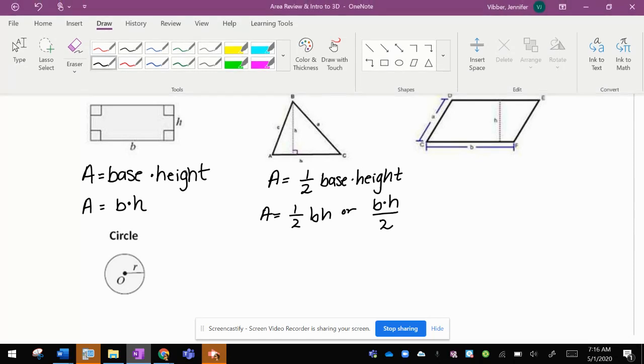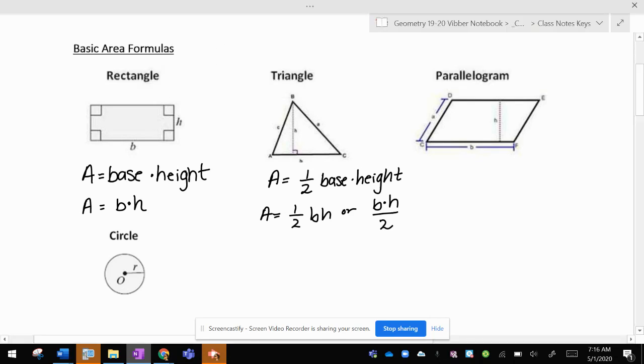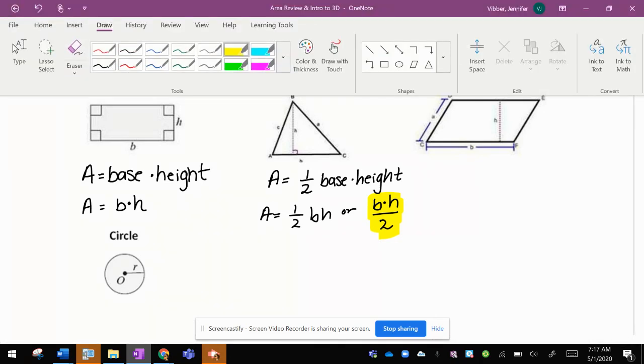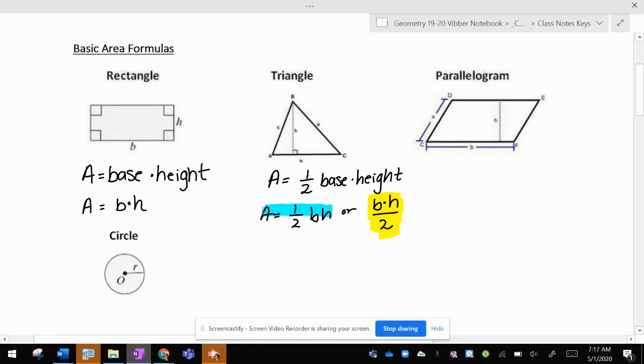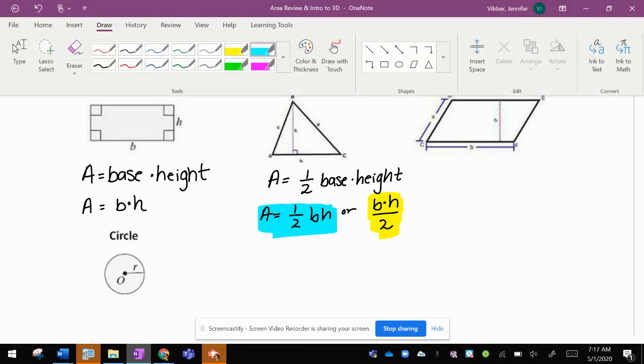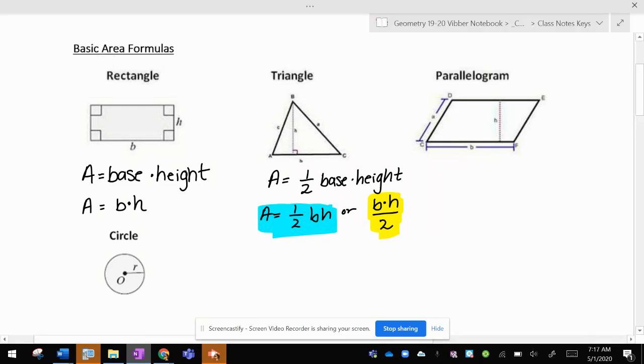Now, I've got to be honest, I've seen so many people try to do base times height divided by 2 for a triangle and then forget the divided by 2 part, that I tell my students, try to remember your triangle formula like this, 1/2 base times height, because then the 1/2 is right out in front. You remember to do it every time, and you don't make a simple careless mistake. It doesn't matter which one you use, but the area of a triangle is 1/2 base times height or base times height divided by 2.